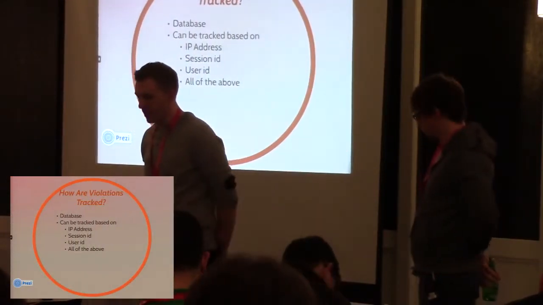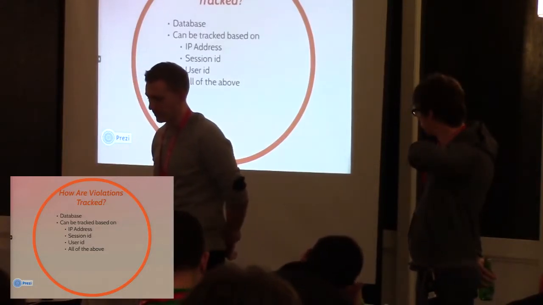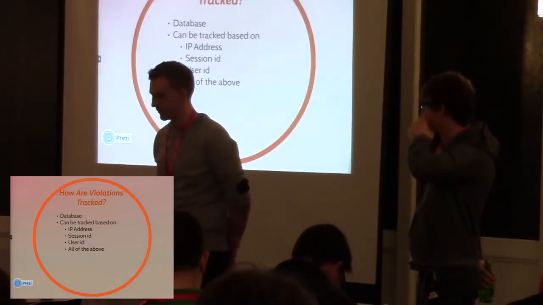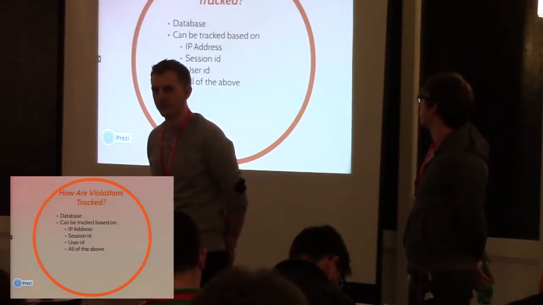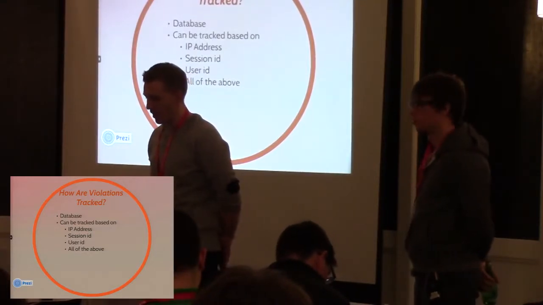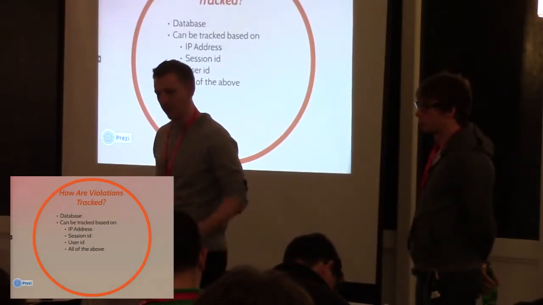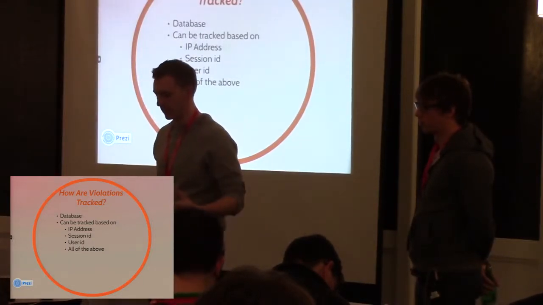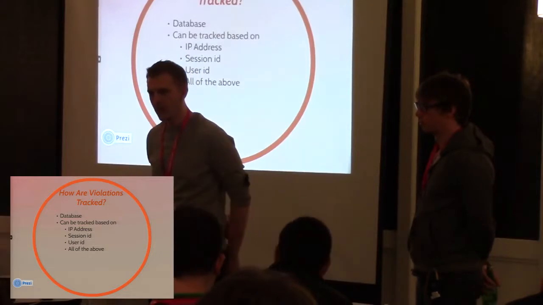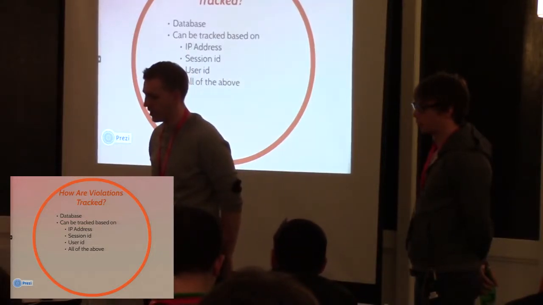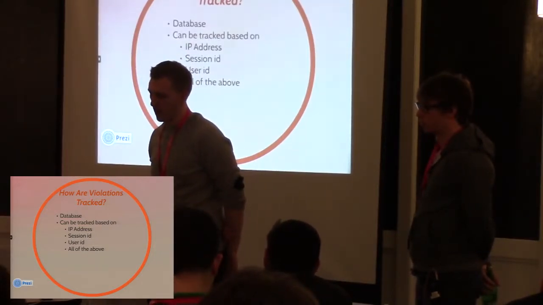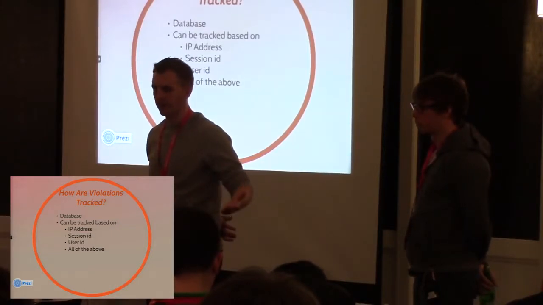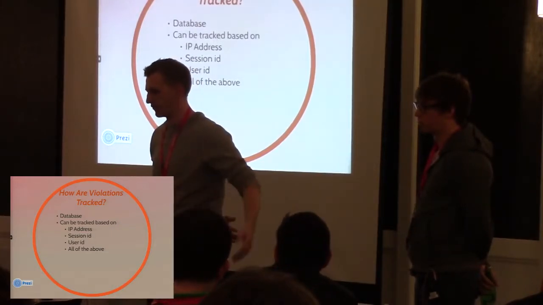As I mentioned, violations are tracked in a database table, and they can be tracked based on the IP address, the session ID, and the user ID. You can also use any combination of these. So if you turn on all 3, basically the violations will be logged against all 3 of these. And then it gives us a good way to determine, is this user still attacking us from the same user account, but they're hopping IP addresses?